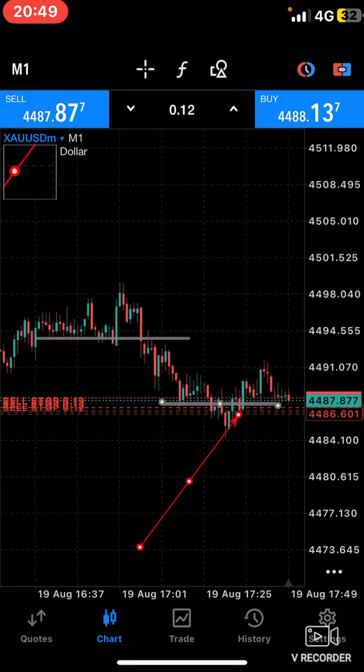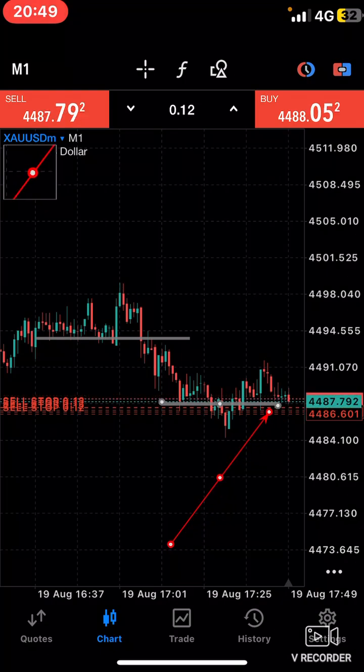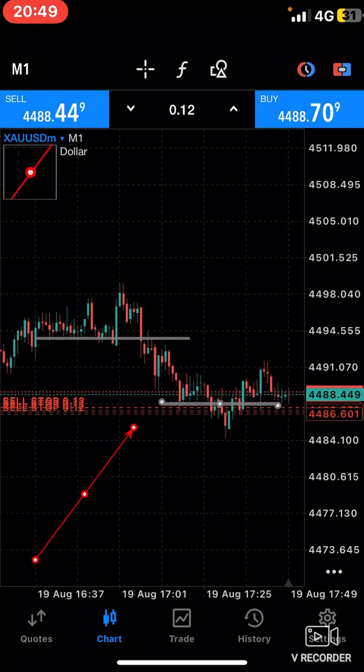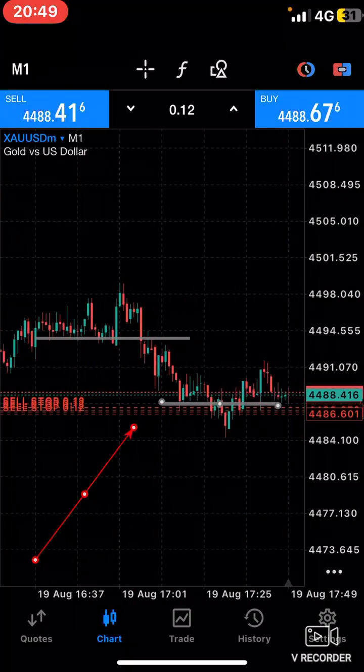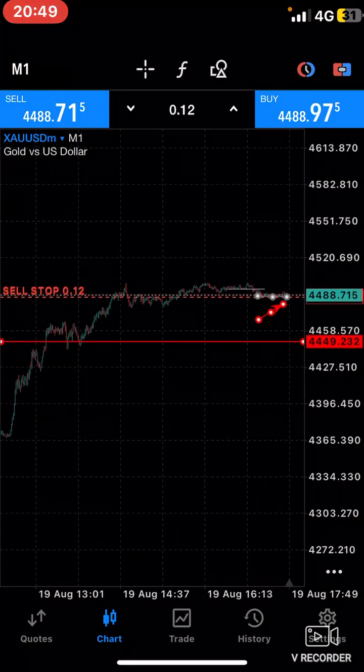Okay, but you know that underneath this level, price is selling heavily. All right, so that's why I've entered a little bit earlier, but let's wait and see, because underneath here we're expecting some good sales.